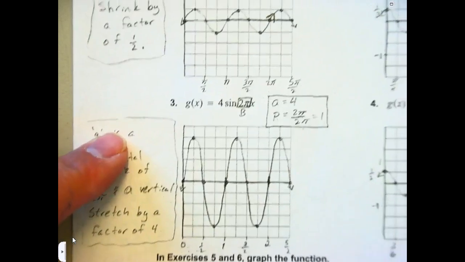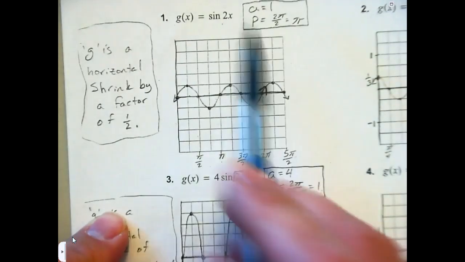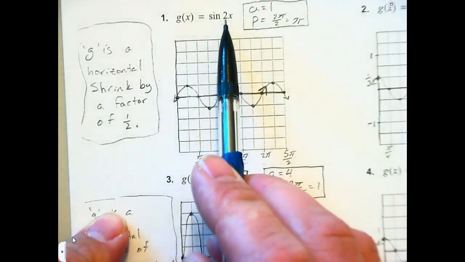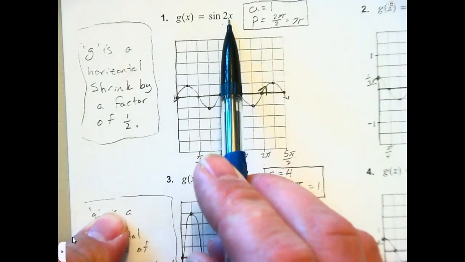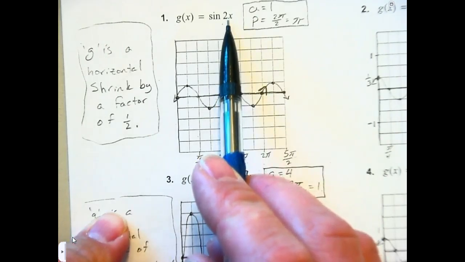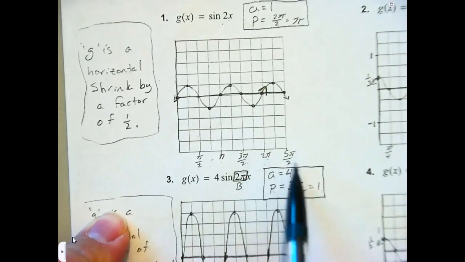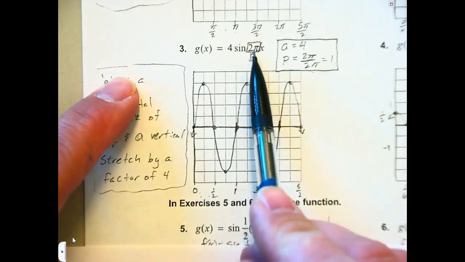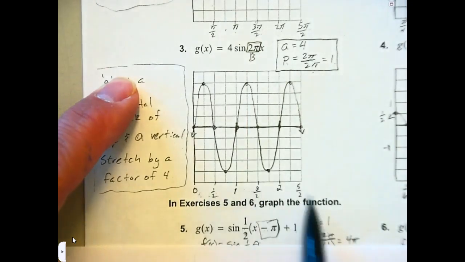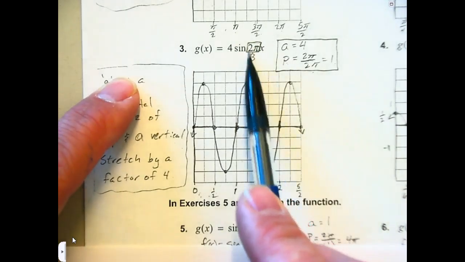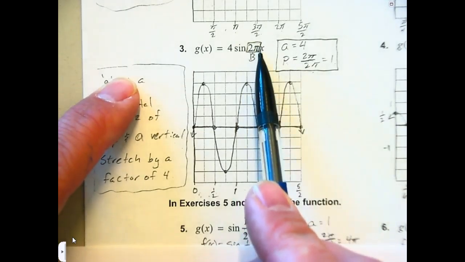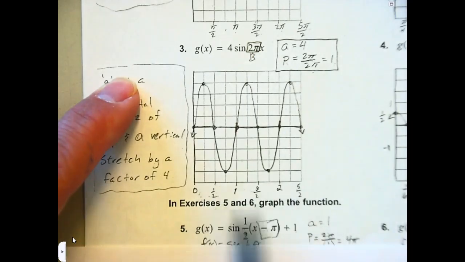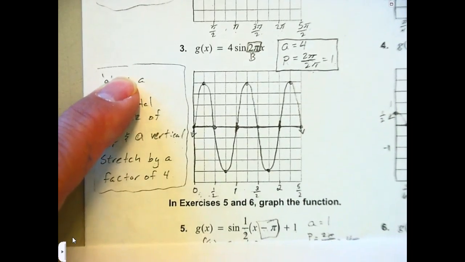Note that when you had on number 1 where you have B as a unit measure without pi, you have pi in the scale. When B is a measure with pi, pi is not in the scale. So if you see pi up here with B, then you're not going to see pi down here in your scale.